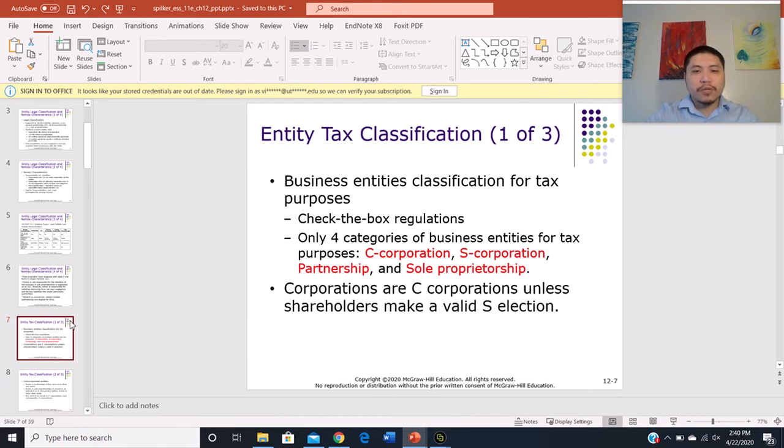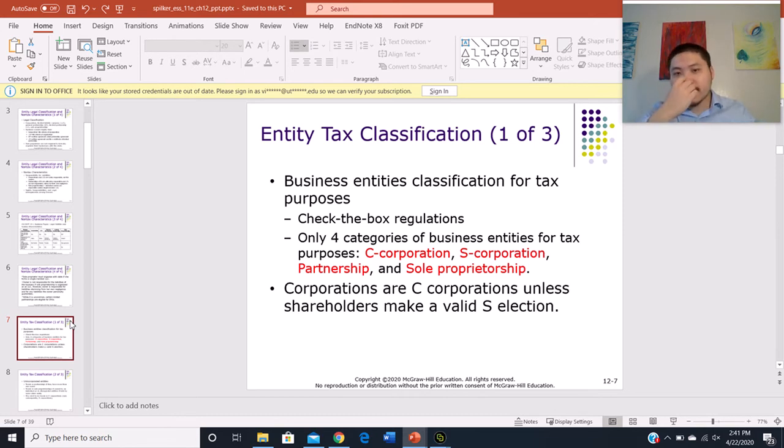So how do we judge the tax classification of the entities? There's a rule called the check the box regulation. Basically, it says that any corporation can be treated as a C corporation unless the shareholders elect the business to be treated as an S corporation.